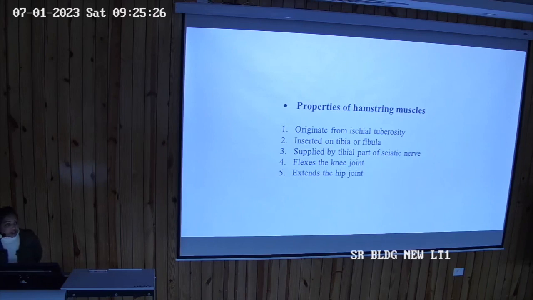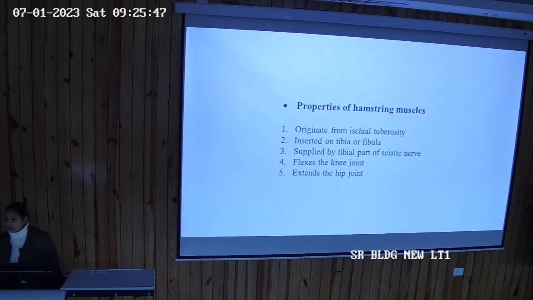They cause extension of the knee joint because they are extensor compartment muscles. Here what will they do? They will flex the knee joint. So they are flexors of the knee joint, and extensors of hip joint. Okay. So these are the common properties of hamstring muscles.